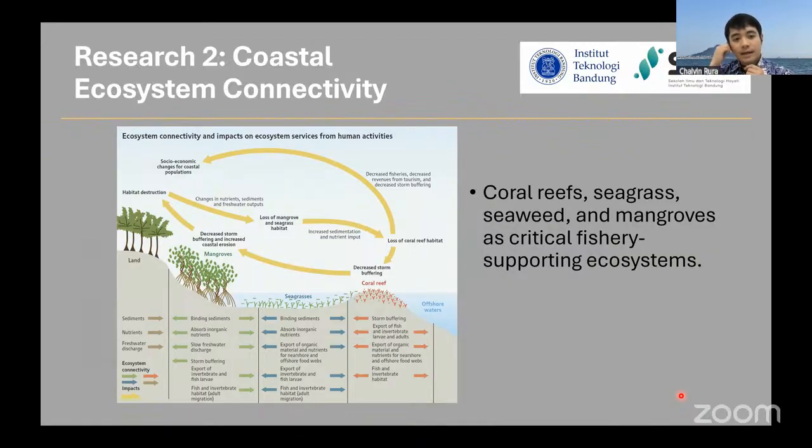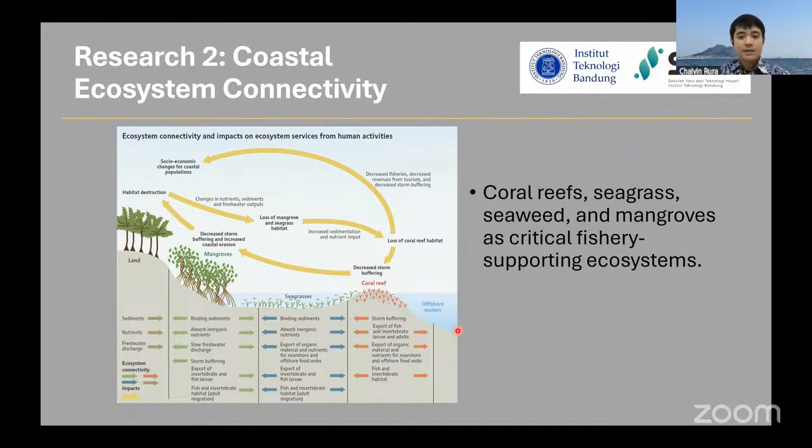Okay, why do I particularly study these ecosystems? Because they usually appear together. They appear in mangrove, seagrass, coral reef, and offshore water. This diagram shows that when these ecosystems are adjacent to each other, they have connectivity, as in there's usually a transport of material and fishes.